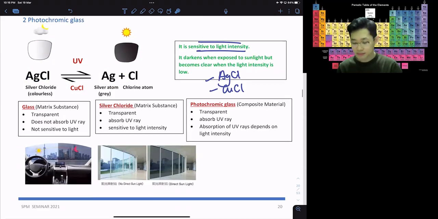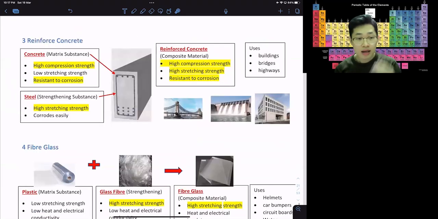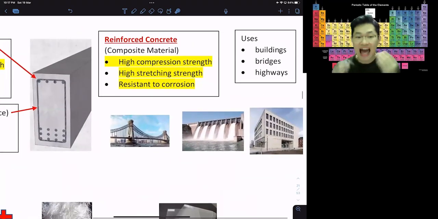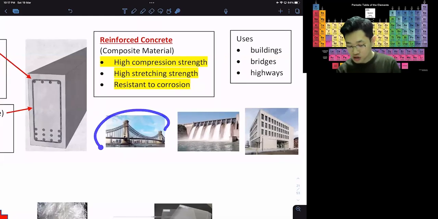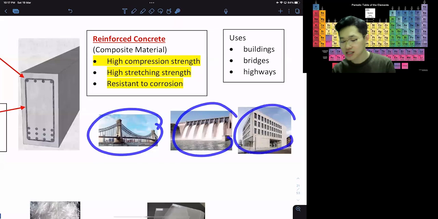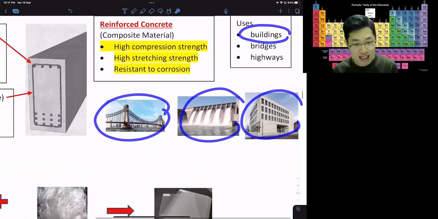Later the question got reinforced concrete can withstand heavy load. So they can be used to build all these high-rise buildings.